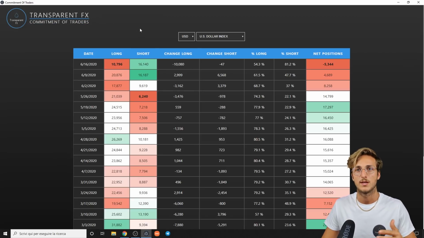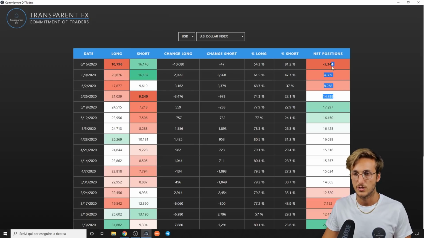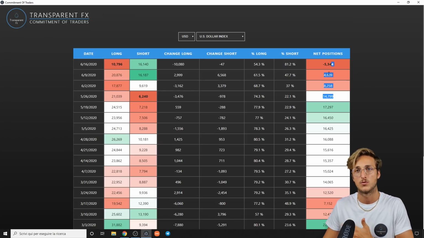So we follow their orders, the way in which they shift their positioning. For example, here you can see that they're shifting to a negative positioning, so they're increasing their shorts and decreasing their longs. You can understand that they have a bearish outlook on a certain currency, and we can take advantage by having this edge over our competitors in the market. That is what works for us.